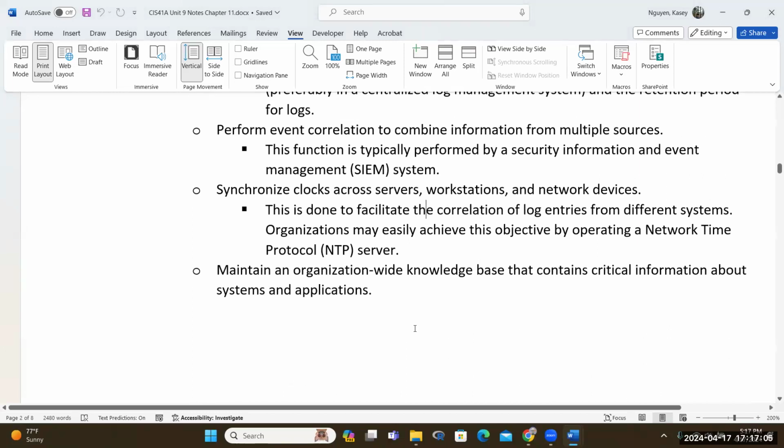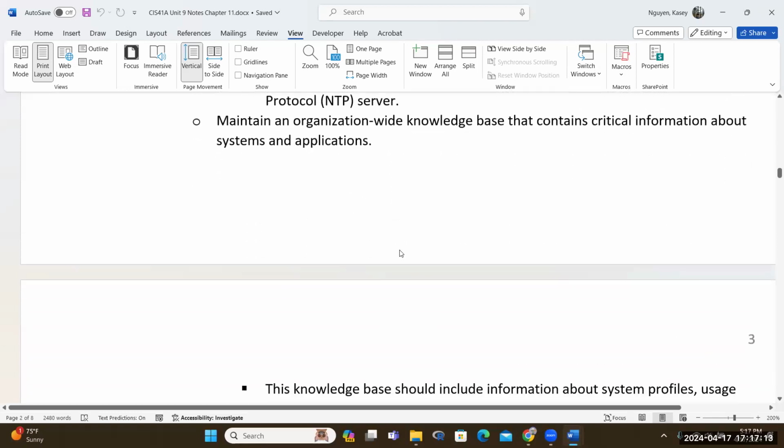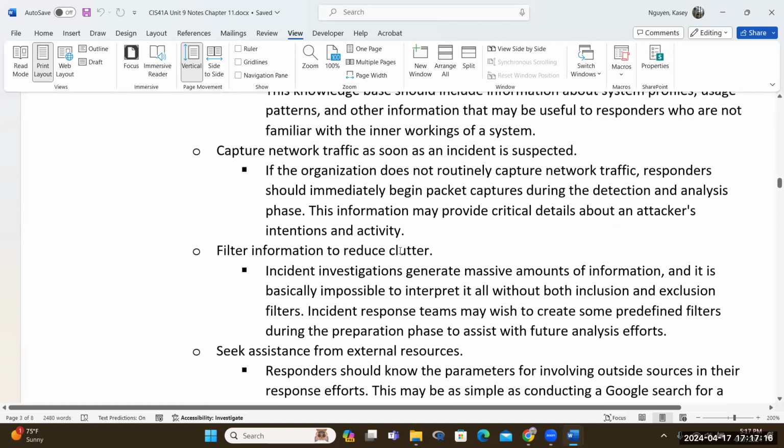In addition, it talks about how you can synchronize across your servers and perform correlations. These are the things you need to incorporate when you are analyzing incidents.